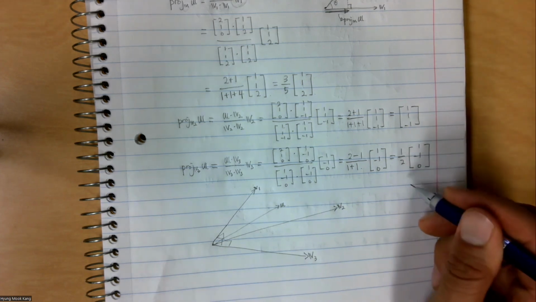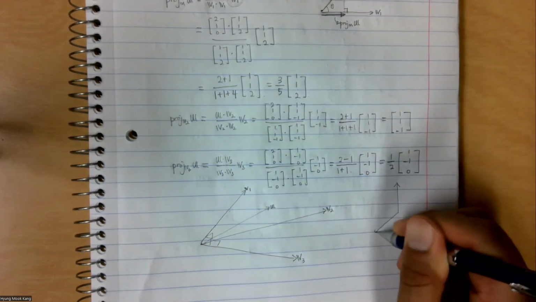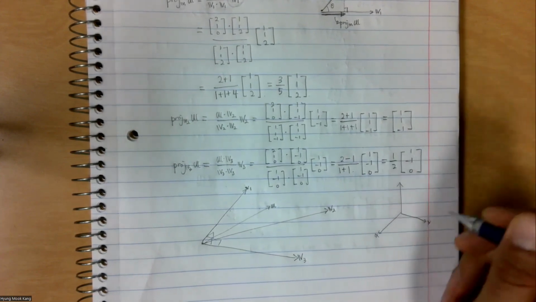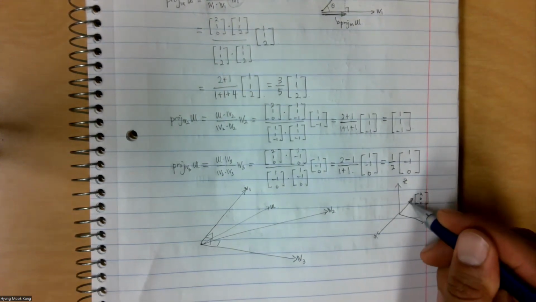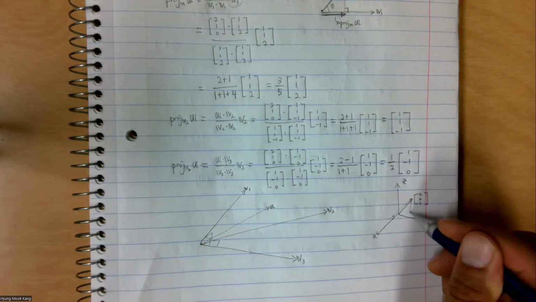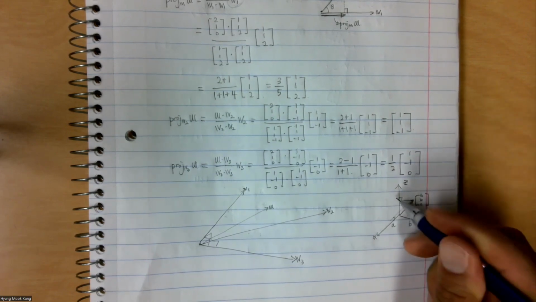We pick a vector, say (a, b, c), and project onto the x-axis, the y-axis, and the z-axis, and these are going to be a, b, and c.